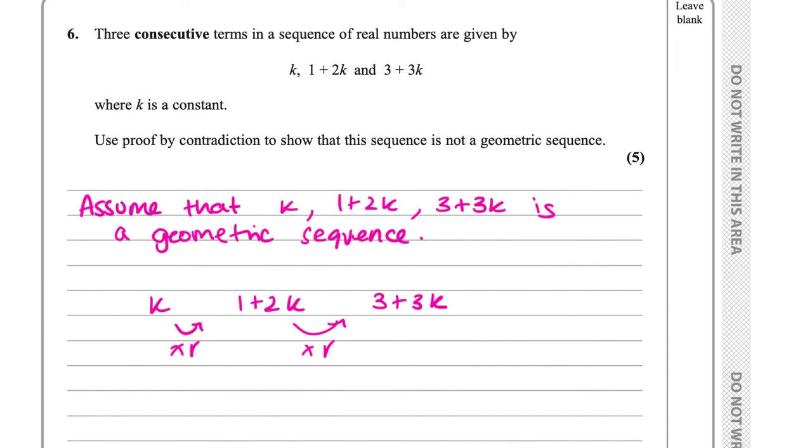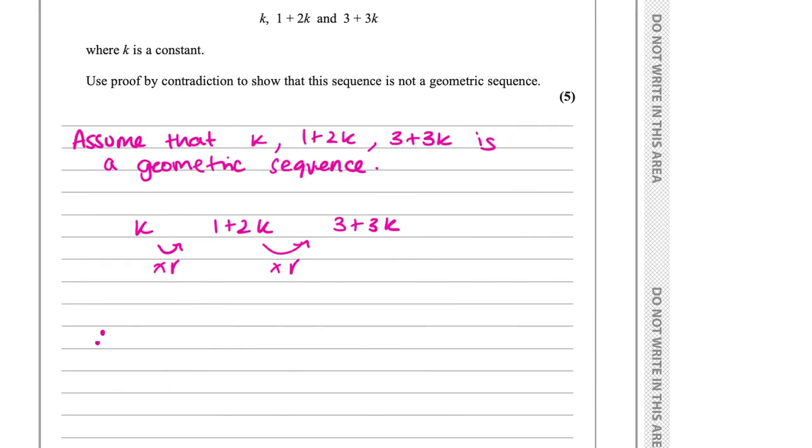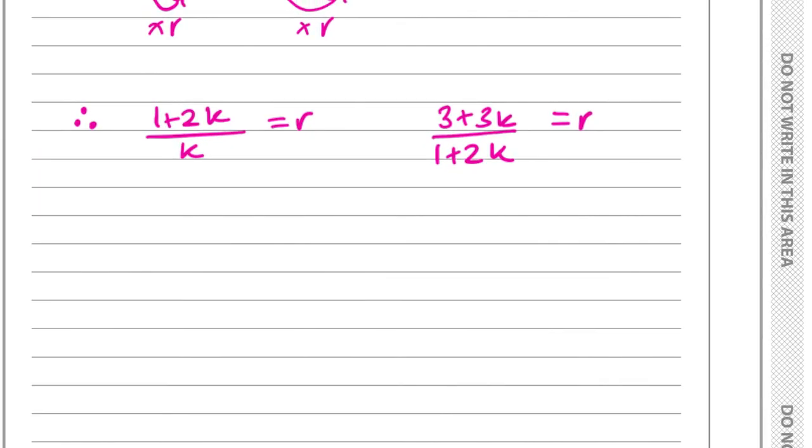Okay? So therefore, we could say that 1 plus 2k divided by k is going to give me r, right? And also 3 plus 3k divided by 1 plus 2k also equals r, right? So technically, we're going to say that 1 plus 2k over k equals 3 plus 3k over 1 plus 2k.